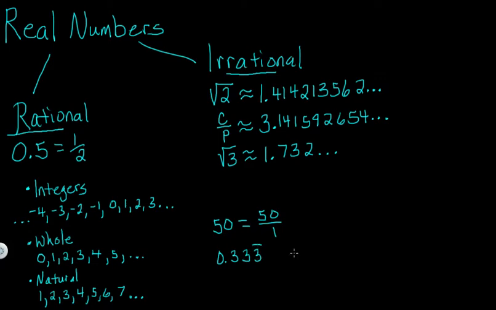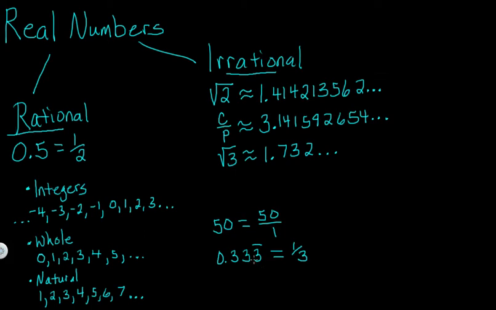This means that 3 repeats indefinitely, forever. So a number like this, even though it's non-terminating, similar to the irrational numbers, it goes on forever, but this one is repeating. It has a pattern. Every decimal is 3. So I can represent this as a ratio of 1 to 3. So if you do 1 divided by 3, you'll get this repeating decimal.